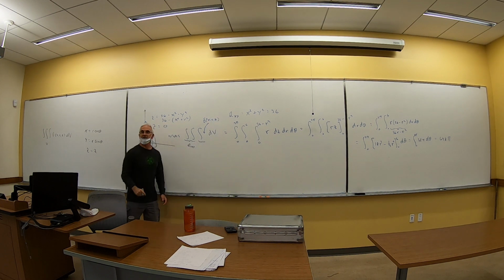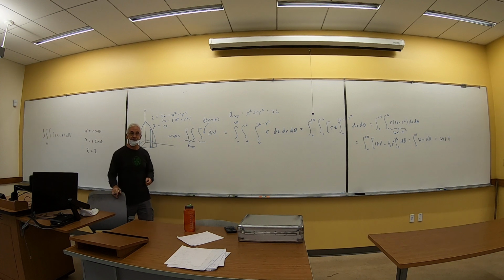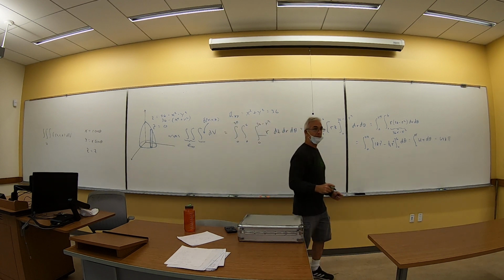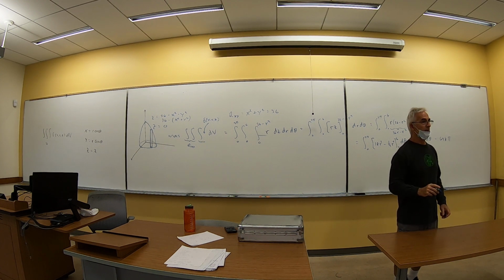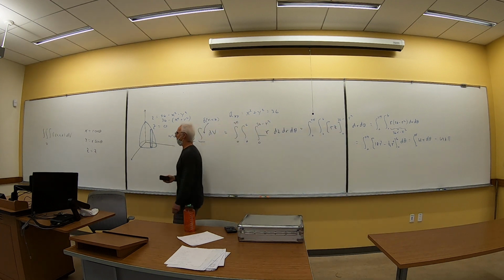I would insert the density right here, and everything else would remain the same. So density, which is now a function of x, y, and z, would go right there. So it means I would have more stuff here. But everything else about the problem, absolutely the same. Okay? Simple?